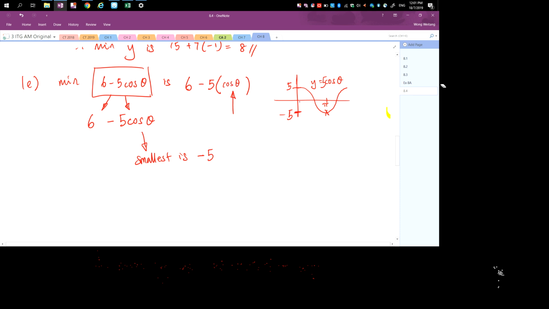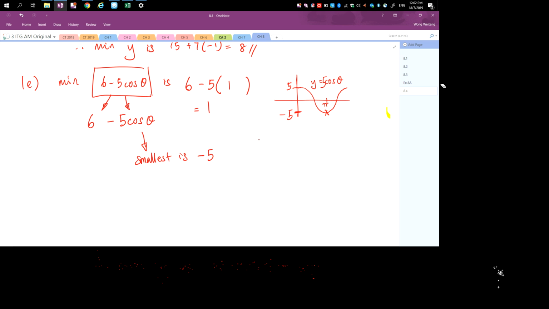I cannot change the 6, I cannot change the 5. So I want the smallest possible answer. So how do you ensure I get the smallest possible answer? Are you saying that cosine theta is positive 1? Okay, if cosine theta is positive 1, we will get 6 minus 5, which is 1. And that's the answer.